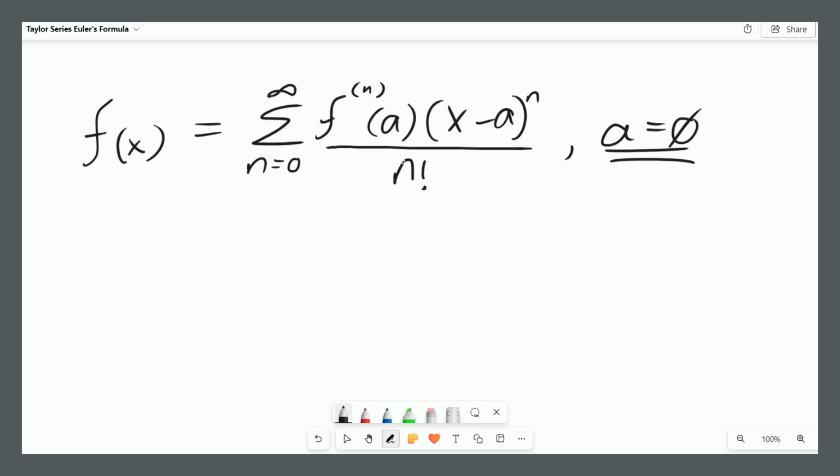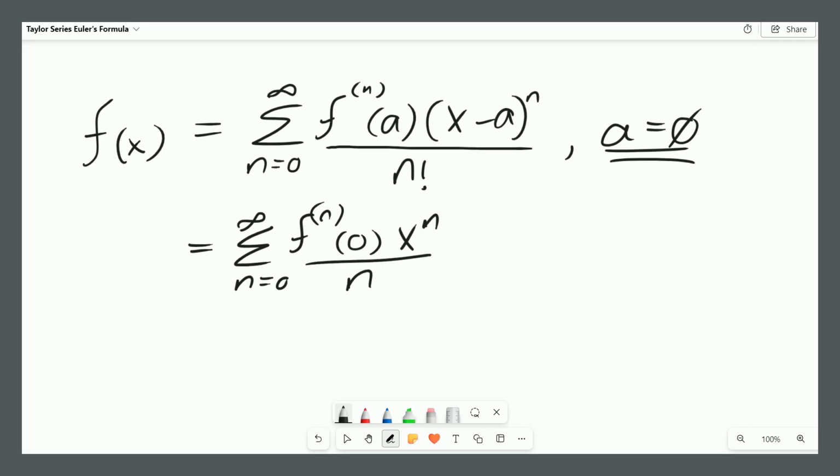If we do that, then we have a simpler formula where we have the nth derivative at point 0 multiplied by x to the power of n divided by n factorial. So what's that going to look like?